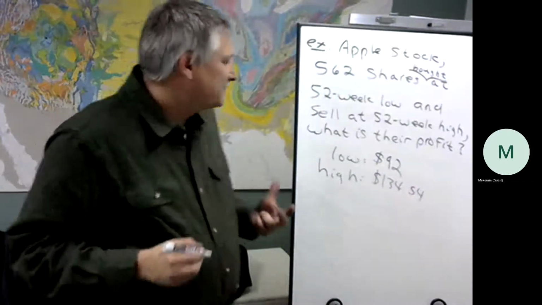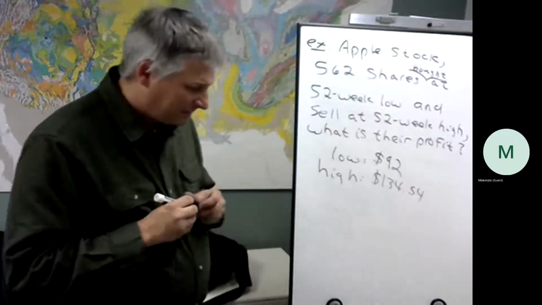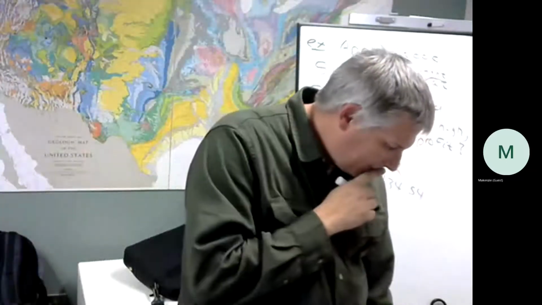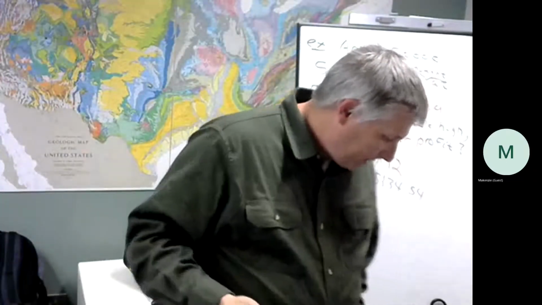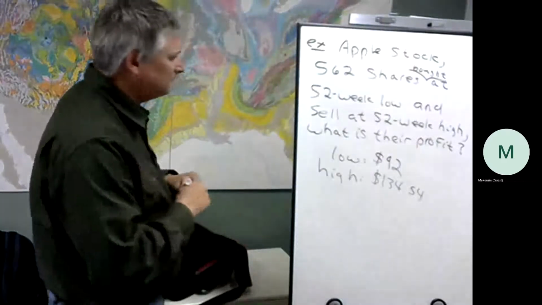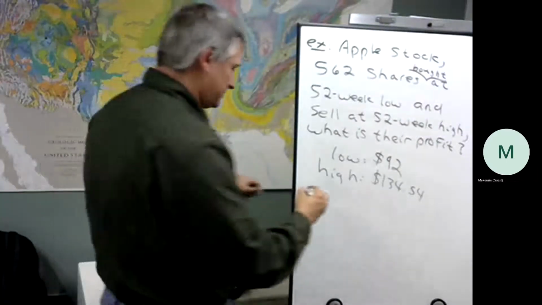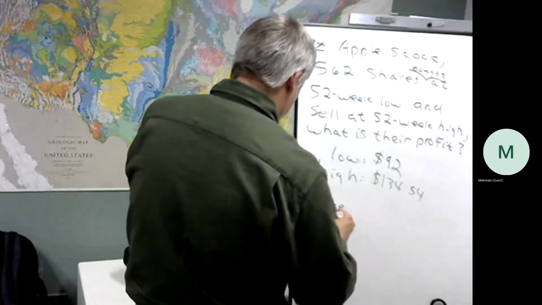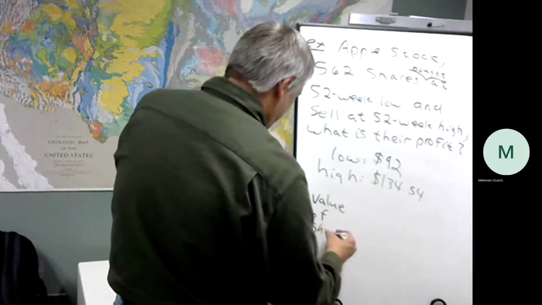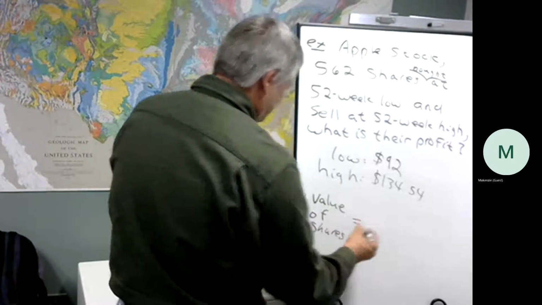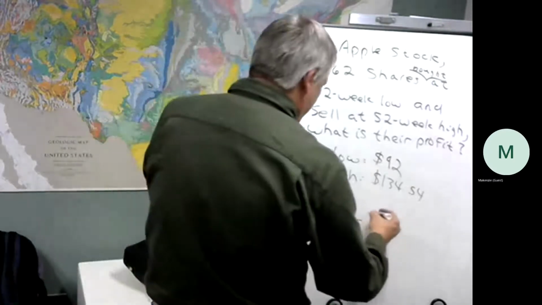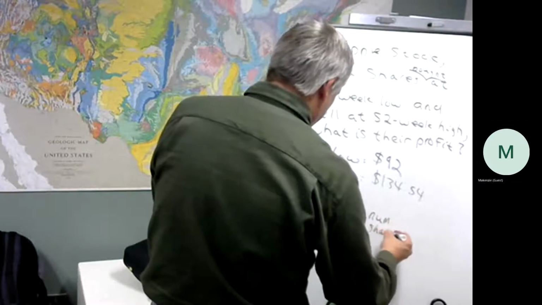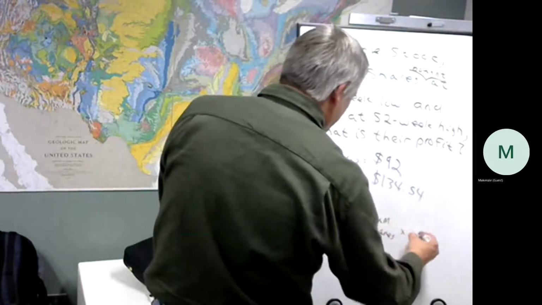And we have 562 shares. One way they do this, and the way they do it in the text, although you could come up with a simpler way, is the value of your shares. We'll go with the text method. It's the number of shares times the price.